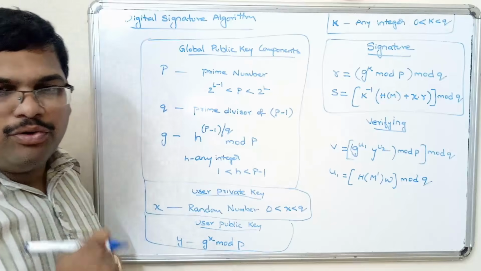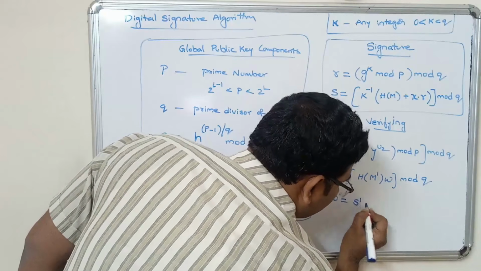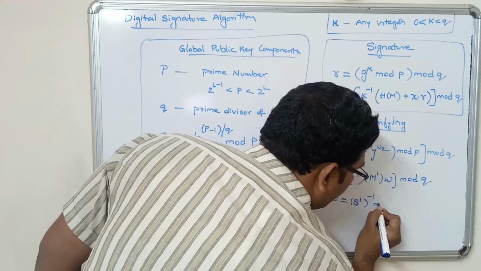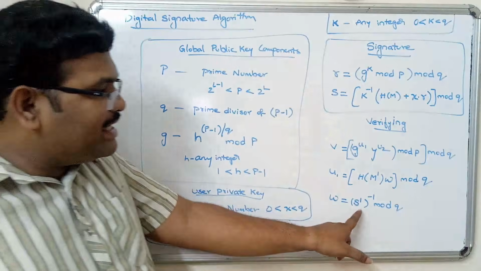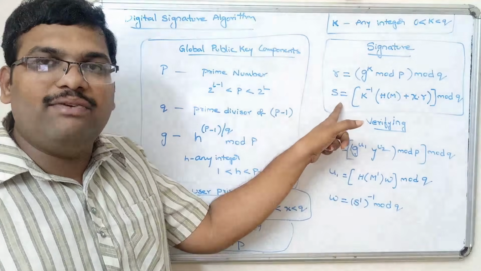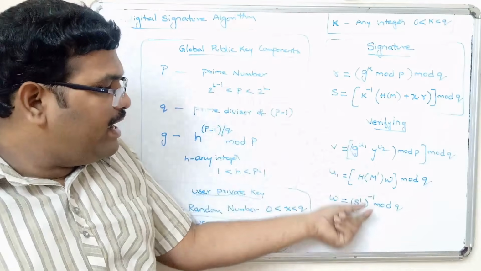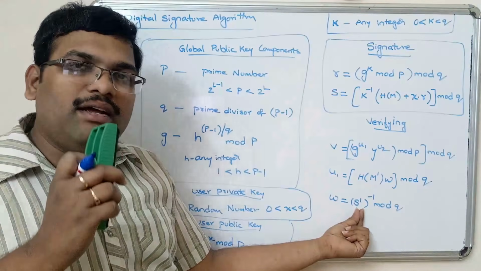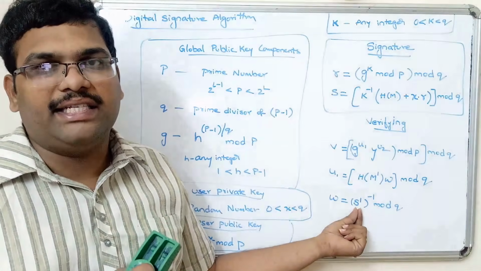So what is the W now? W is equal to S dash inverse mod Q. What is S dash? S is the signature component which is generated at the sender side, and whatever component is received by the receiver is called S dash.